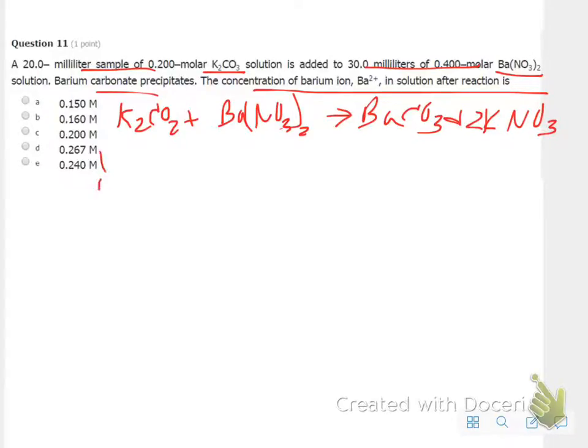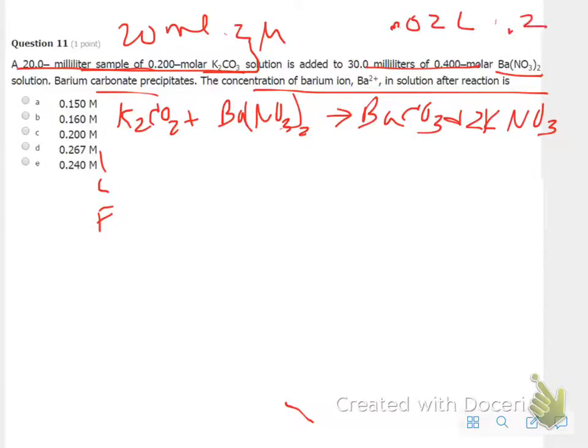So let's do an ICF table using moles. So I have 20 milliliters of 0.2 molar. So that's 0.02 liters times 0.2, which is going to give me 0.004 moles here.